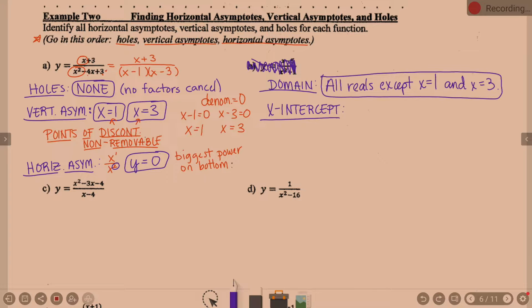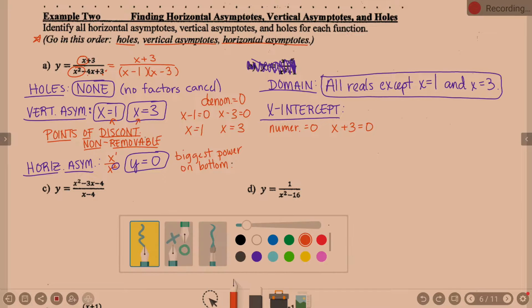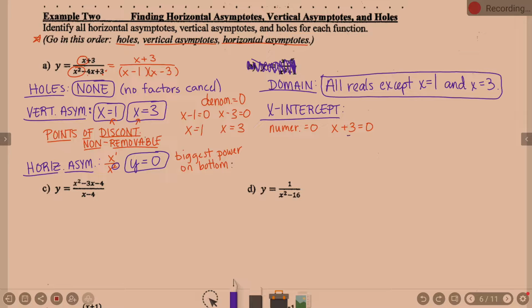X plus 3. So I'm going to set x plus 3 equal to 0. Subtract 3. Big hard math here. We get x equals -3. So this graph will cross the x-axis at -3.